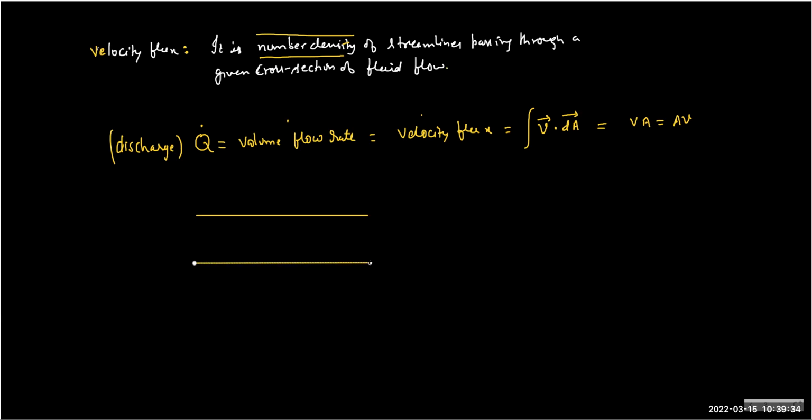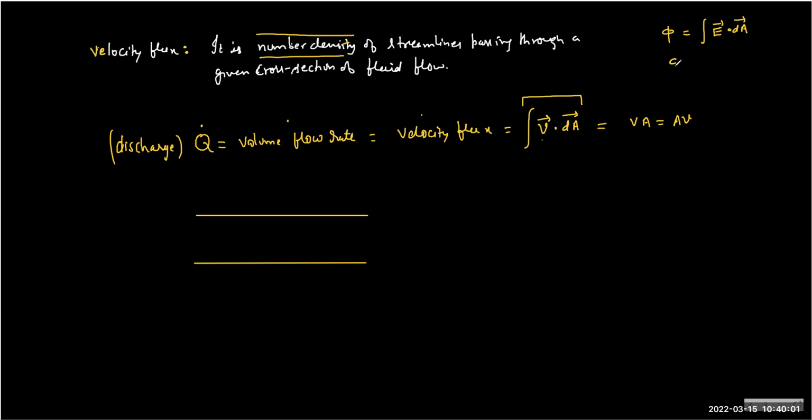If you read any book, they will only call it volume flow rate. This formula is from the concept of flux, because here we have the velocity as a field. If you study later on, flux is defined as a field vector dot area vector. This is the general definition of flux in physics.